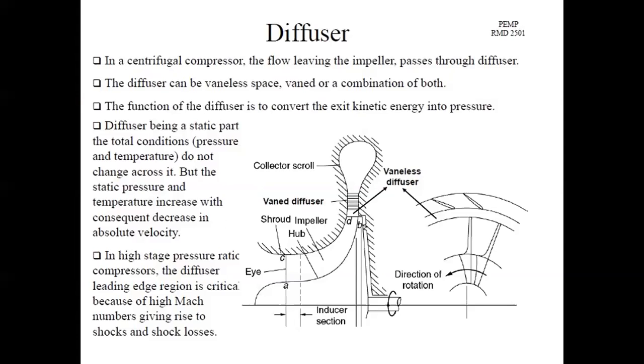So see, this is a diagram of the diffuser. We can see here, this is the diffuser. We have discussed this already in the previous lecture. Casing, scroll, vane diffuser, shroud, impeller, hub, vaneless diffuser, inducer section, direction of rotation.